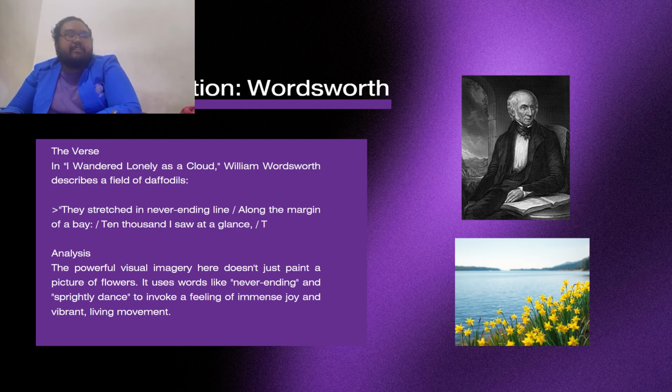The powerful imagery here doesn't just paint a picture of flowers. It uses words like never-ending and sprightly dance to evoke a feeling of immense joy and vibrant living movement.